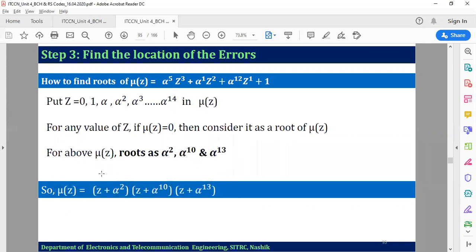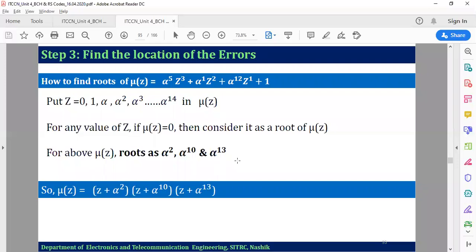Just write mu z is equal to z plus alpha square, and then z plus alpha 10 into z plus alpha 13. This is important. So your roots are alpha square, alpha 10 and alpha 13. These are the roots, or you can say these are the zeros for this example.